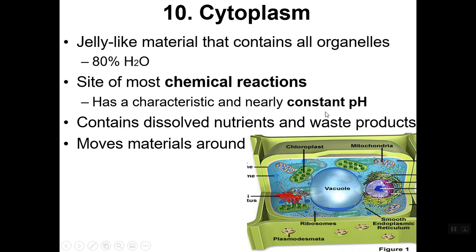It does have to maintain a constant pH because enzymes that are in there are specific to a pH environment, too acidic and they denature, too basic and they denature. All the dissolved products, oxygen, carbon dioxide, ATP, nucleotides, amino acids are all floating around in the cytoplasm. It's incredibly important and it is mostly made of water. Therefore, organisms are mostly made of water.